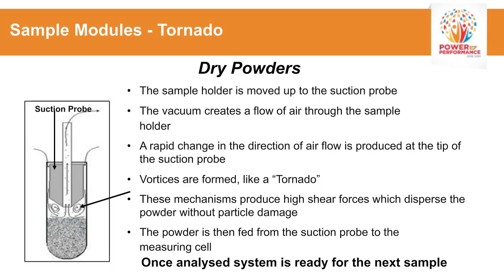But this is a more gentle way of dispersing the particles and having them flow through the instrument. And once the sample is analyzed, everything in that container platform goes down to the starting position, and you remove the cell. And essentially, you're ready for the next sample.